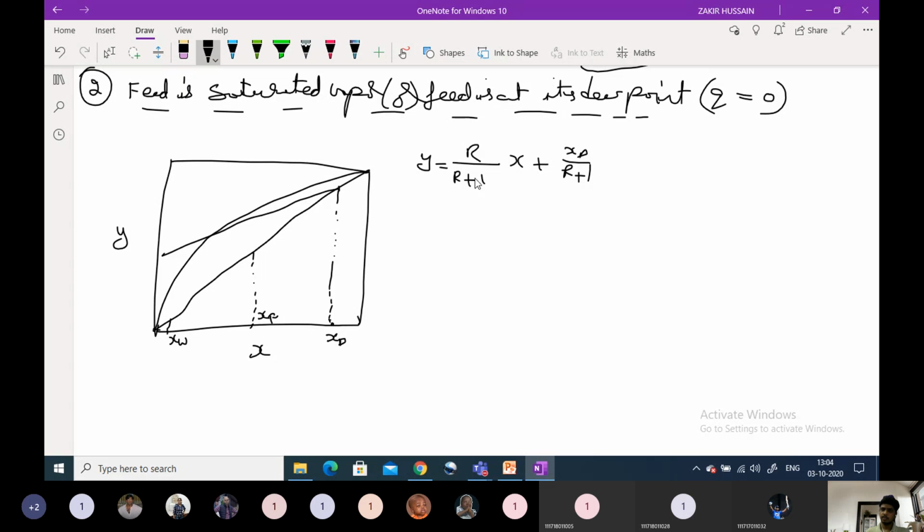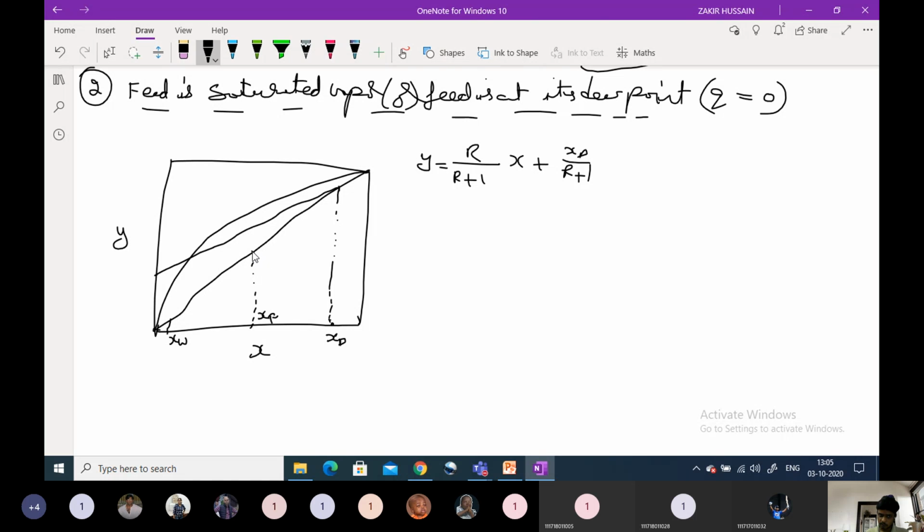Then the q line equation, you already know this one. If your intercept is ranging like this, this is the operating line for the stripping section.